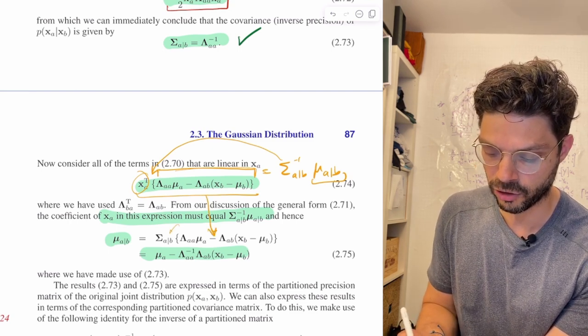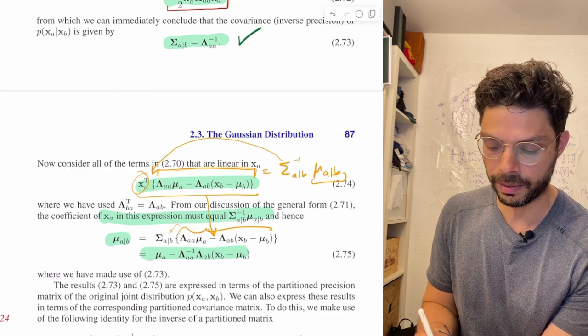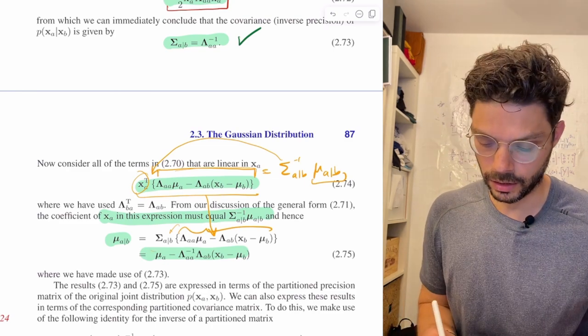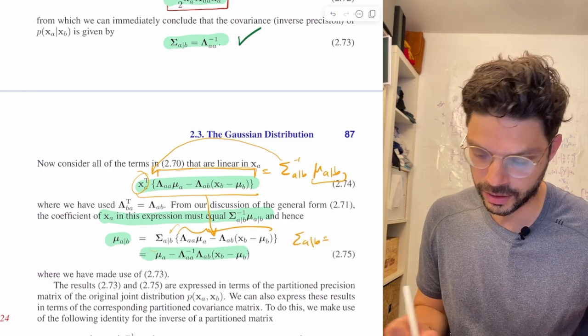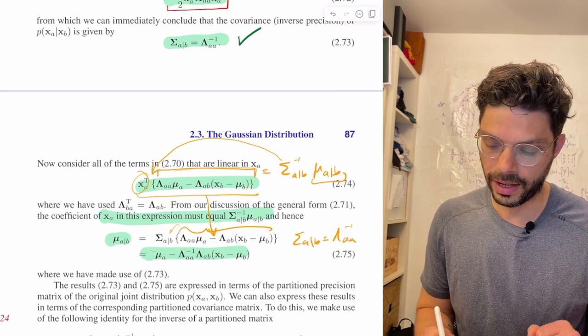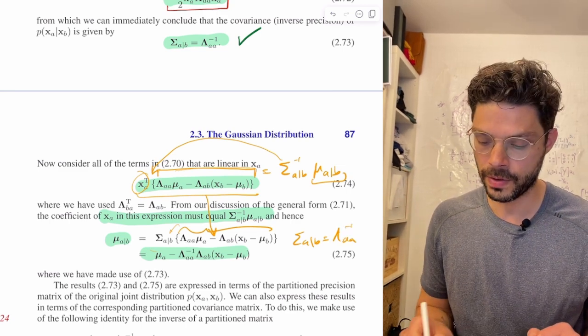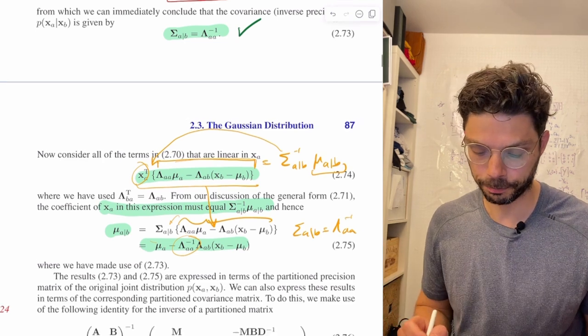That term has just come down, exactly the same, and now we're multiplying it on the left by this covariance. Then we use the fact that sigma A given B is equal to the inverse of that precision. So that's just going to cancel this initial term, and then we get it hanging out, multiplying the other precision.